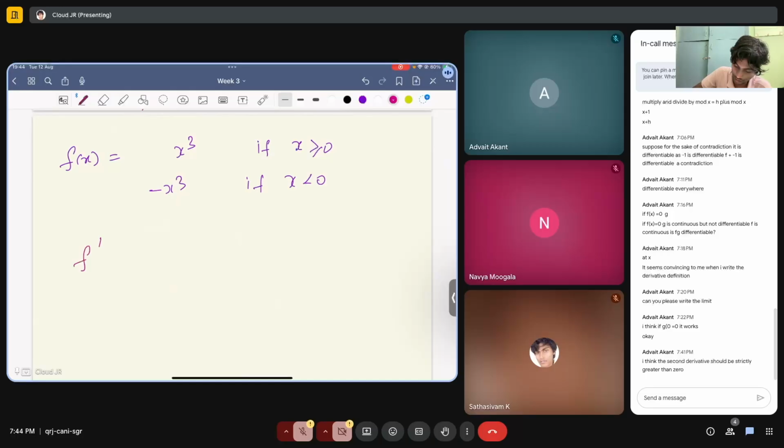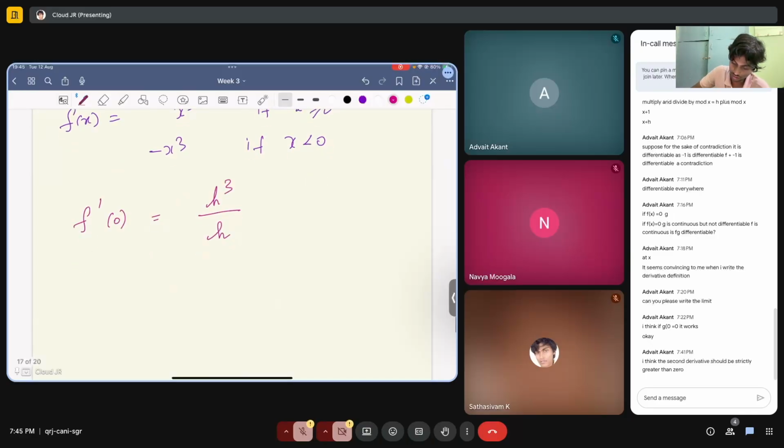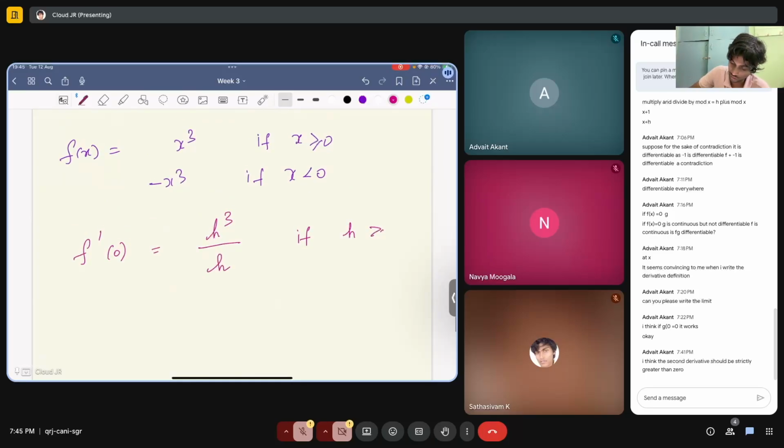So f prime at 0 is nothing but h cube by h if h is greater than or equal to 0.